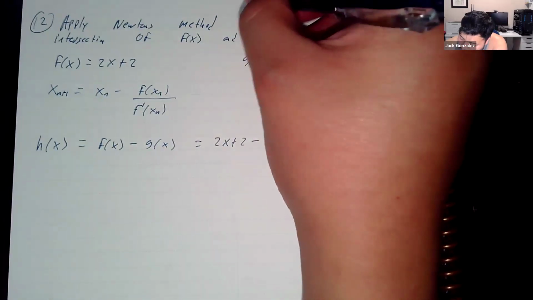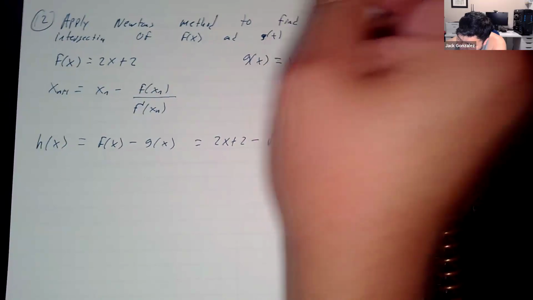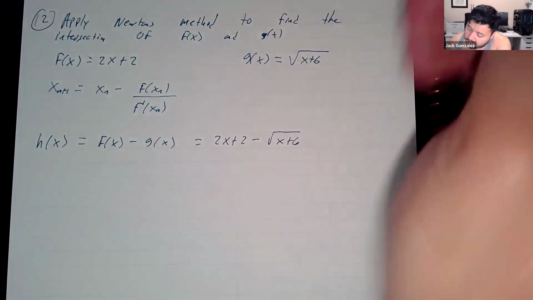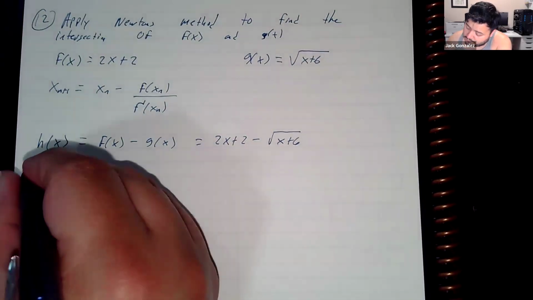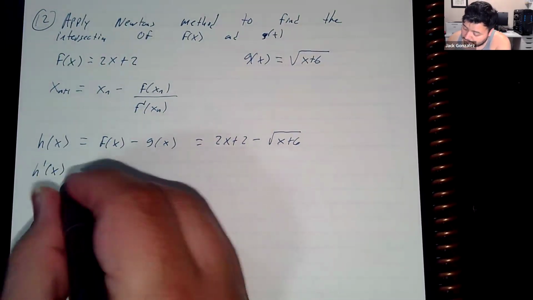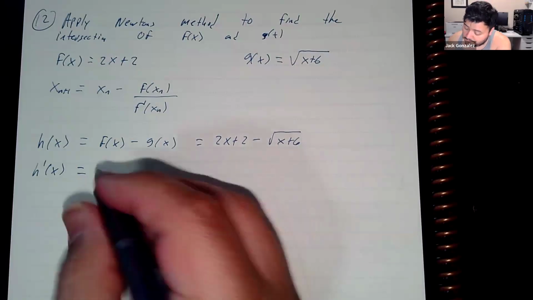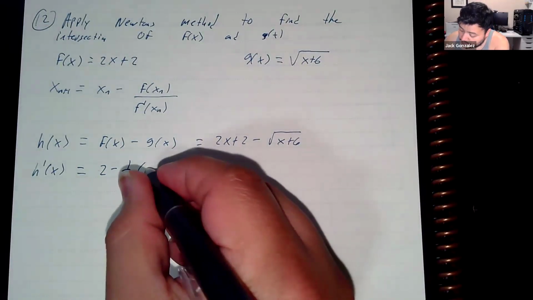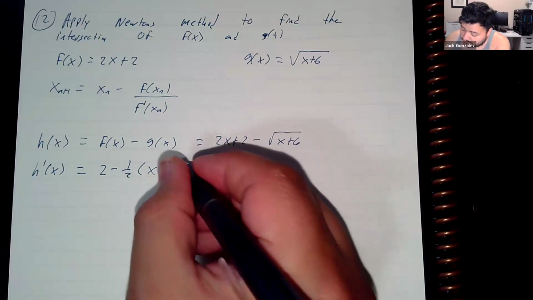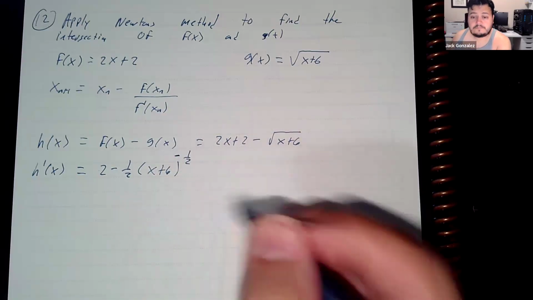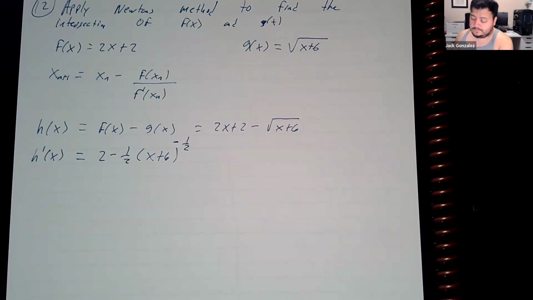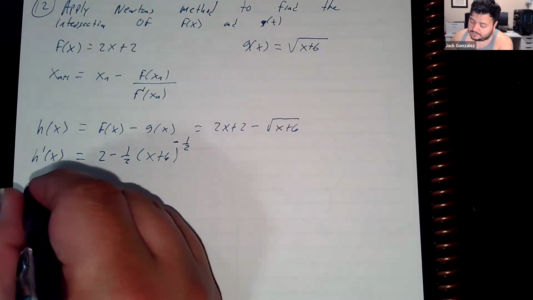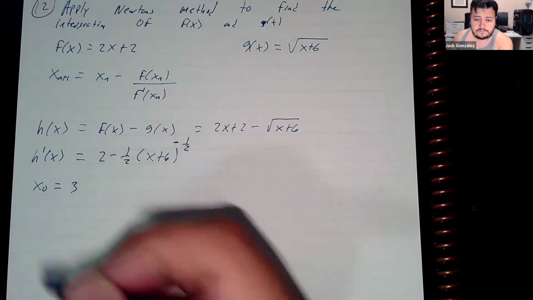So the derivative will be 2 minus 1/2 times x plus 6 to the negative half. So let x0, I think x0 is supposed to be 3.